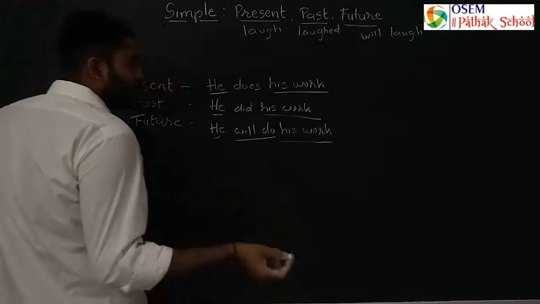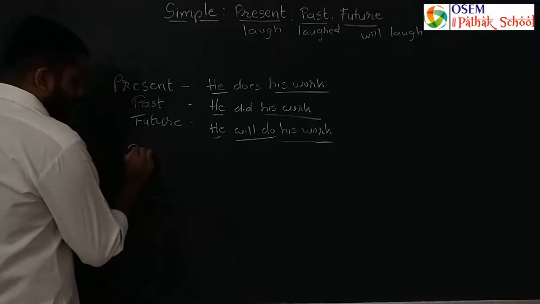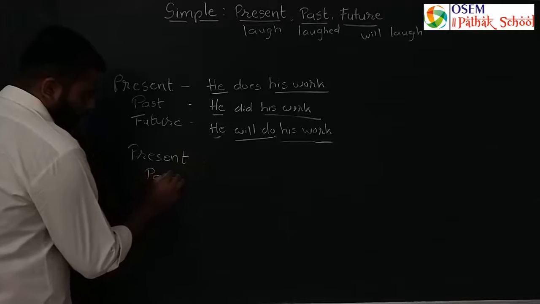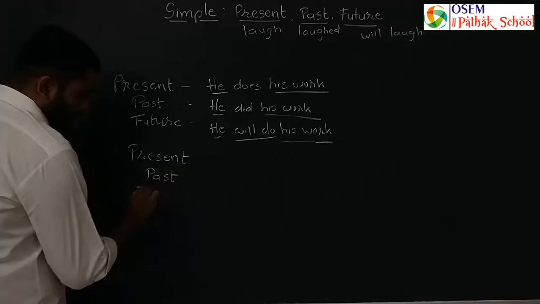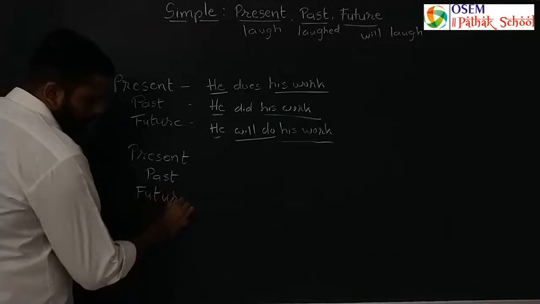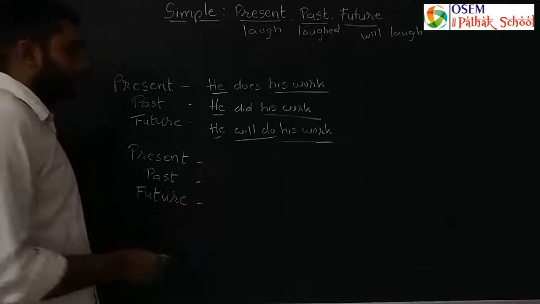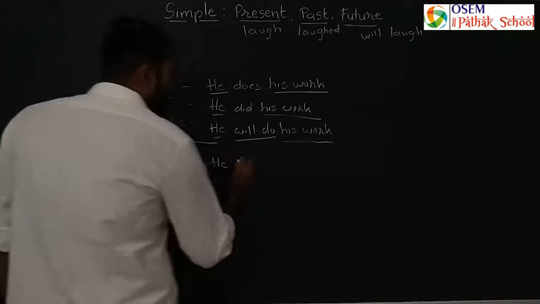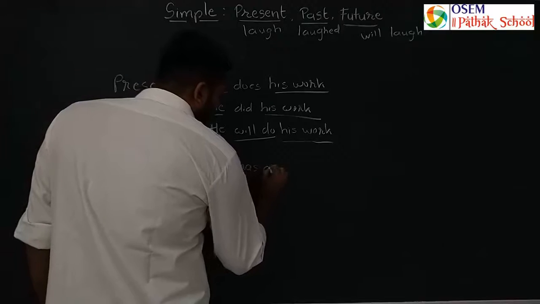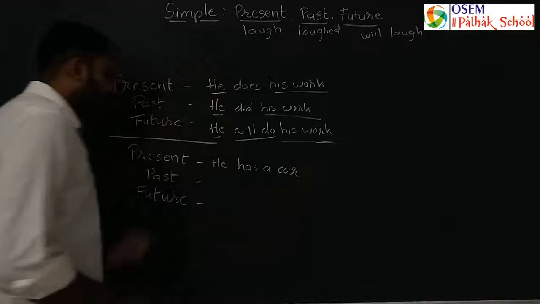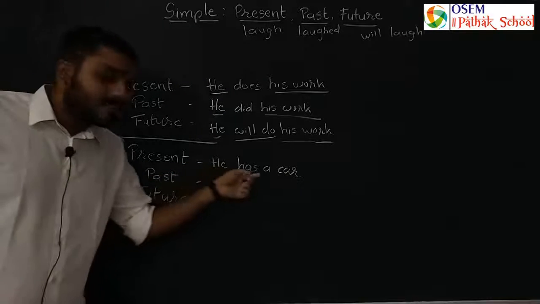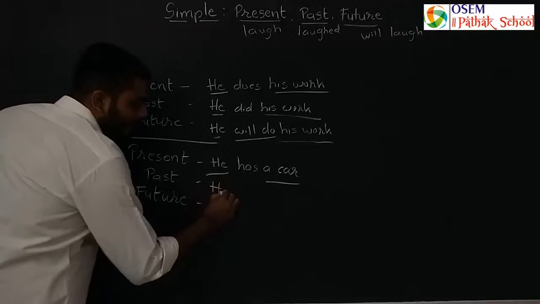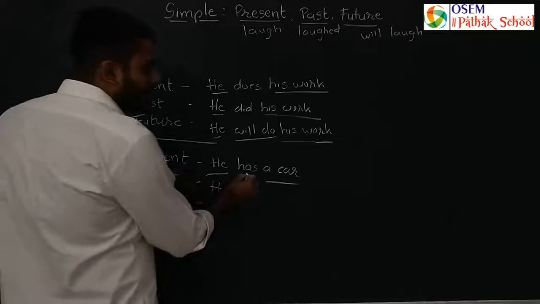Now we will do one of has also. He has a car, right? What will it be in present? He has a car. Now what do we have to do? We have to write these things the same, right? He stays as it is. Now we just have to change has.